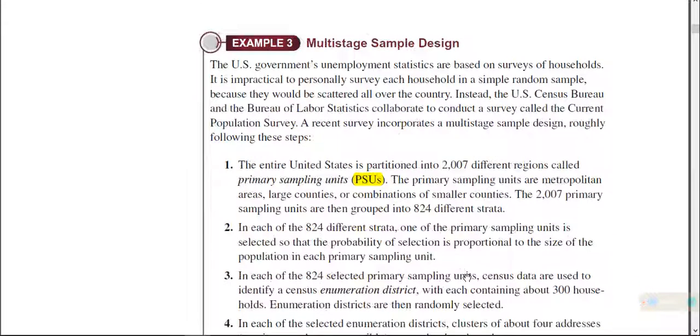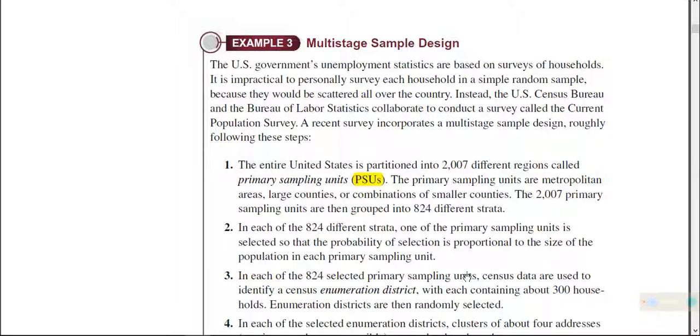So, number 1, the entire United States is partitioned into 2,007 different regions called primary sampling units. So the primary sampling units are the metropolitan areas, large counties, or combinations of smaller counties. The 2007 primary sampling units are then grouped into 824 different strata.